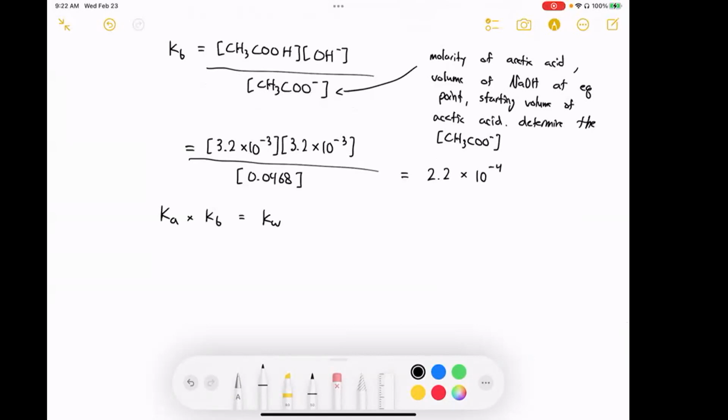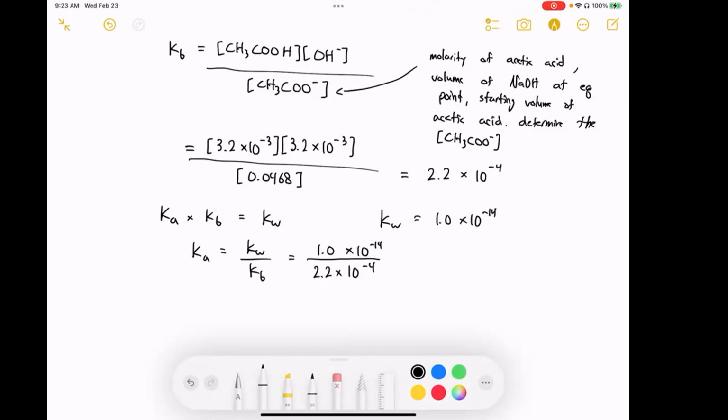Okay, so we go up here, we know that Ka then is equal to Kw divided by Kb. And remember, Kw is 1.0 times 10 to the negative 14. And so we should get 1.0 times 10 to the negative 14 divided by 2.2 times 10 to the negative 4.